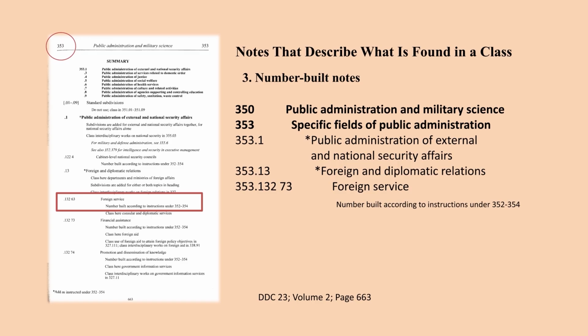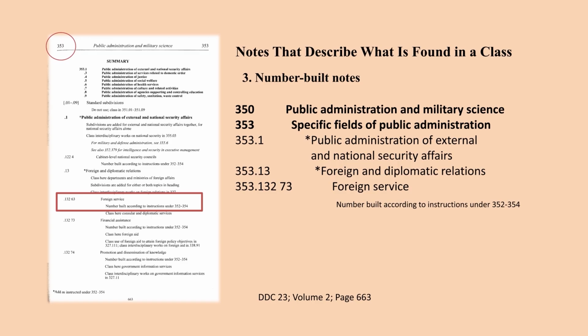So what is written or recorded in 352 to 354? It records the specific topics under public administration. As you know, the base number of public administration is 350, and there is a detailed extended subdivision for the range of the classes 352 to 354. But it is dedicated for asterisks unless otherwise directed.